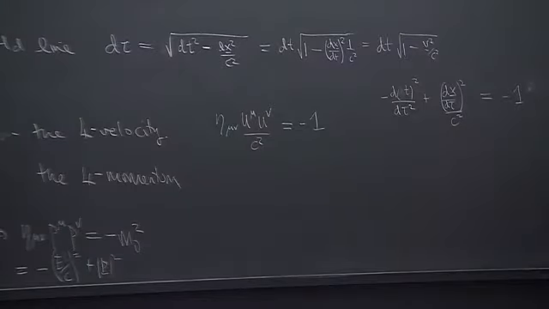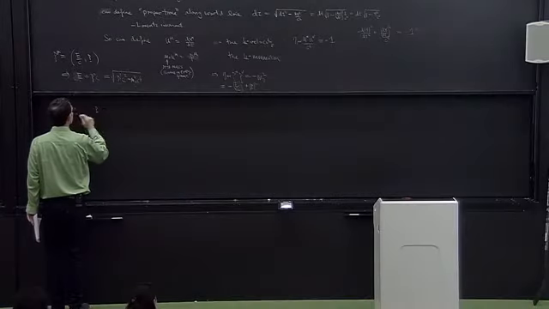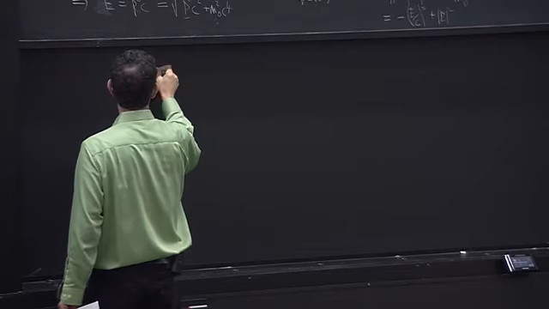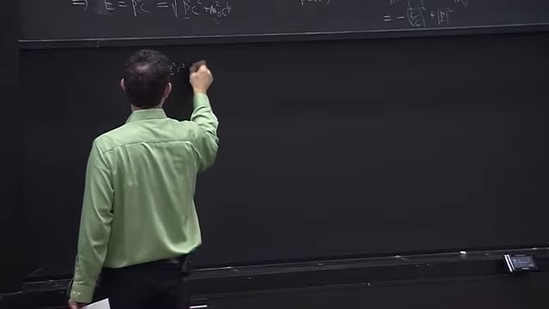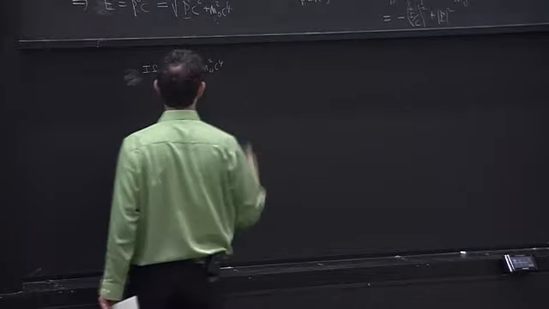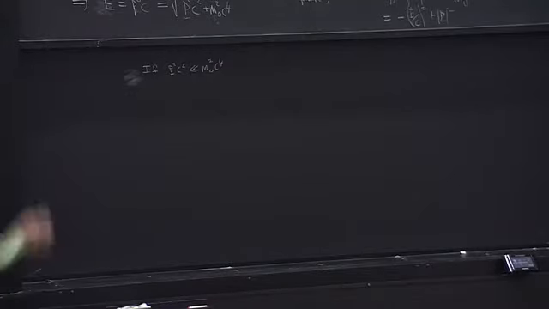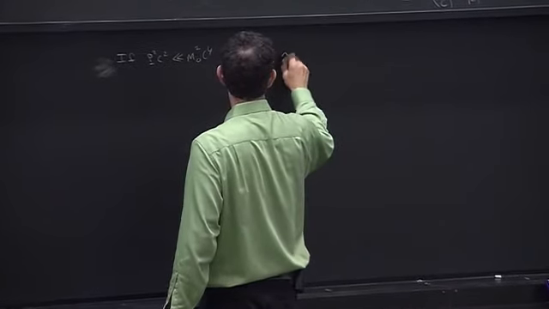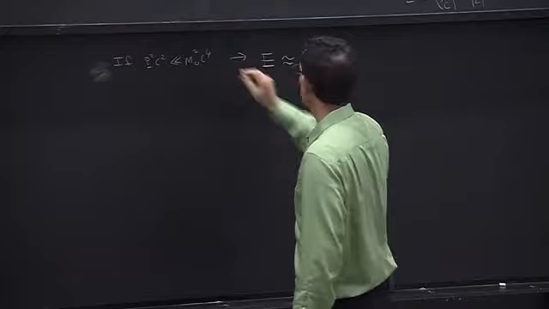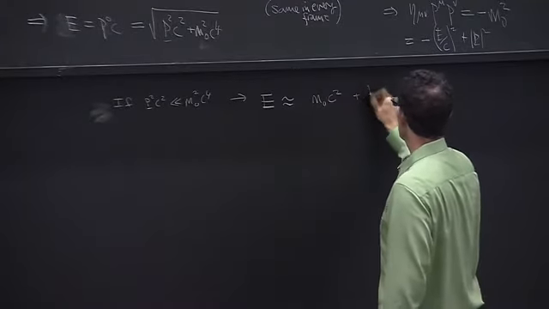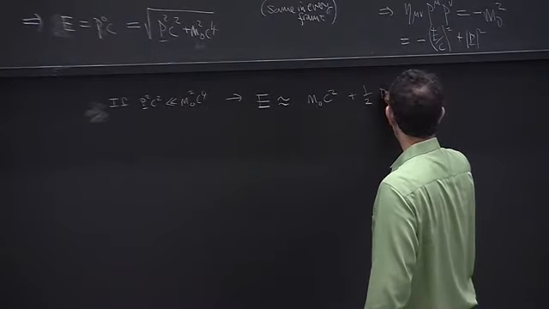And now if I take this formula, so imagine that p squared c squared is much less than m naught squared c to the fourth, then you can expand the square root, and then we get E is approximately, so this is the dominant term. Here we get our mc squared again, m naught c squared, plus 1/2 p squared.